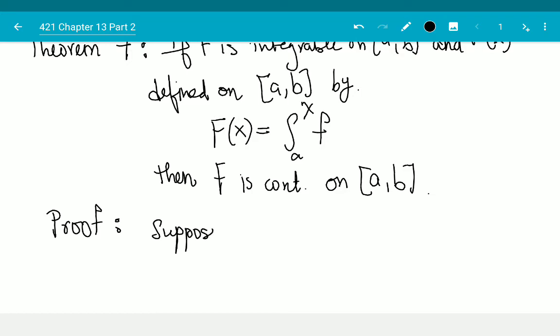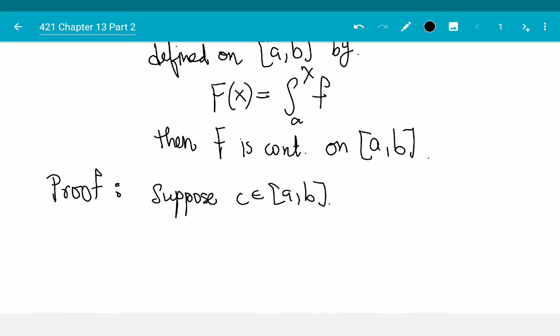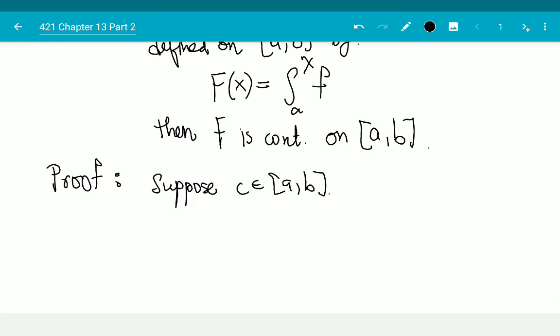Suppose c belongs to a to b. Suppose c is some number in a to b. Since f is integrable on a to b, by definition it is bounded.